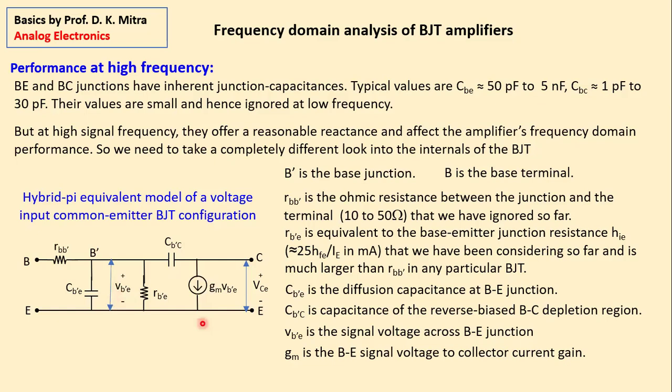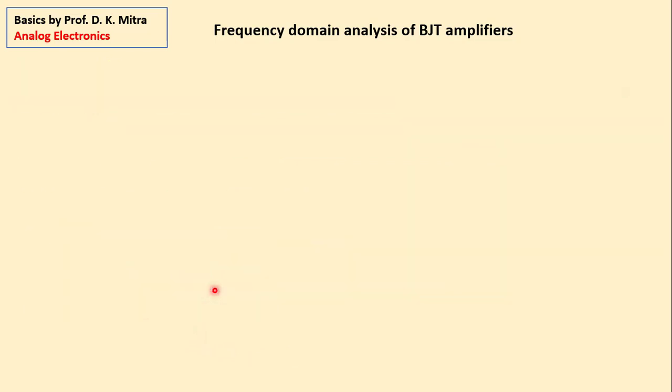So far we had always been writing the collector current as alpha times or beta times the base current. Now we write the collector current is equal to GM times the base-emitter voltage, right? GM is a new introduction here, but finally it will go out of the deduction, but it will make the deduction comfortable.